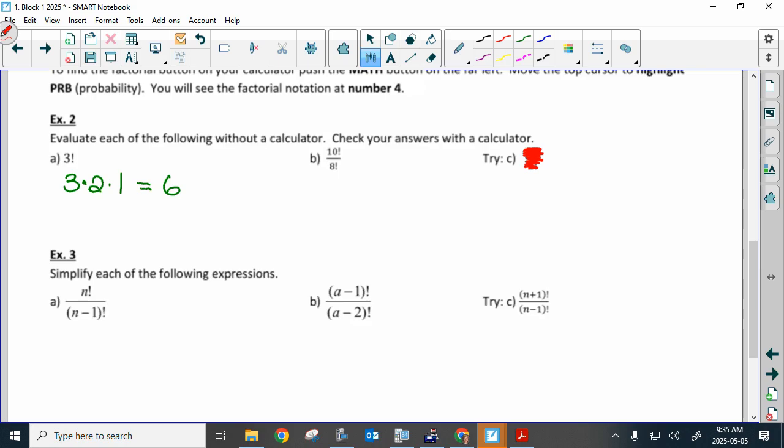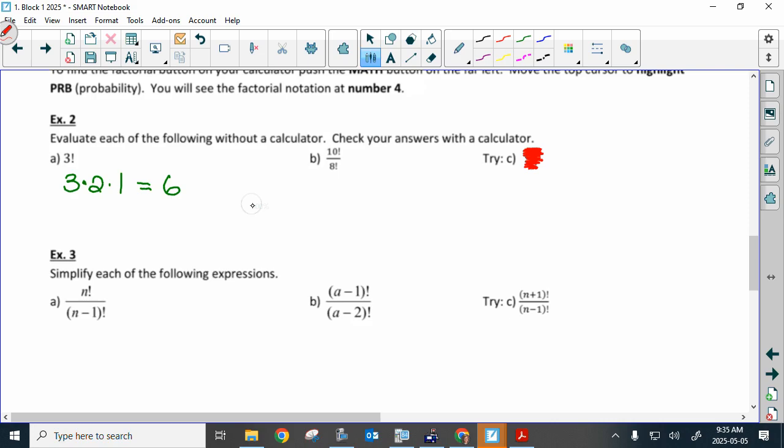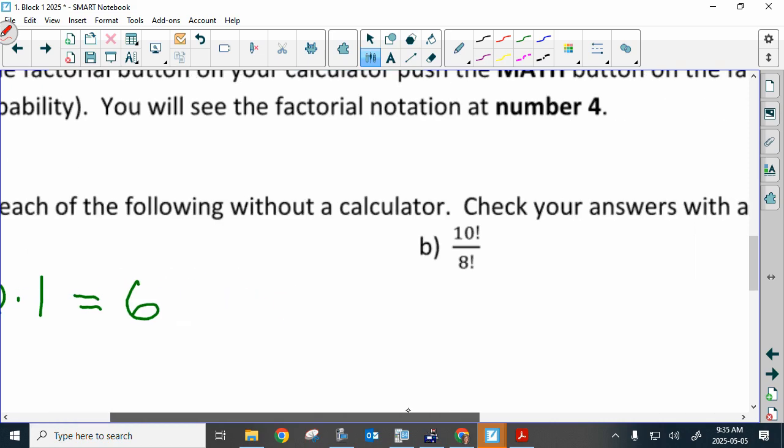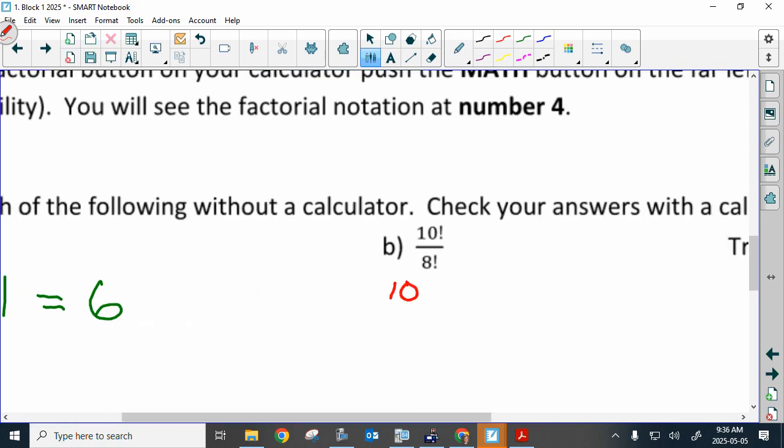Now, if you were going to figure out 10 factorial over 8 factorial without your calculator, that seems pretty mundane because it'd be like 10 times 9 times 8 times 7. But watch this. When I see that the 10 is bigger than the 8, I'm going to recognize that if I start to expand the 10, I'm going to stop here because it matches my denominator, and 8 factorial can divide 8 factorial.